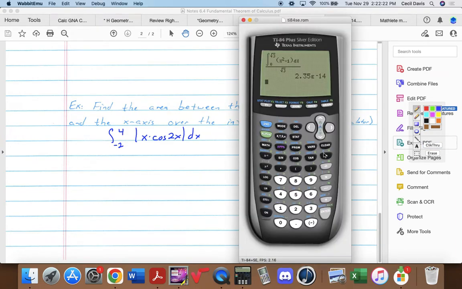So grab our calculator, do math 9. It's from -2 to 4. Again, I find the absolute value by doing second 0, which gets me to the catalog, and absolute value is the very first thing there. So it's the absolute value of x cosine of 2x. I'm taking the derivative with respect to x.